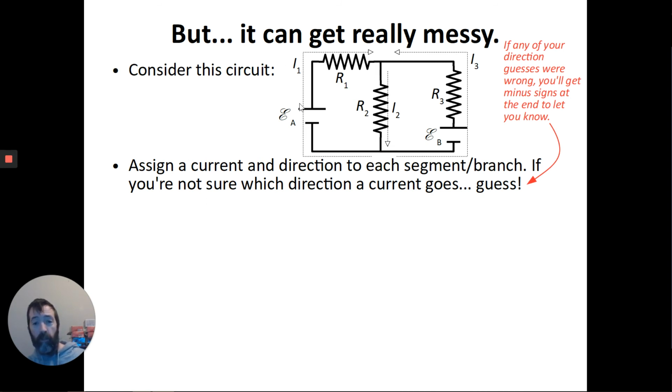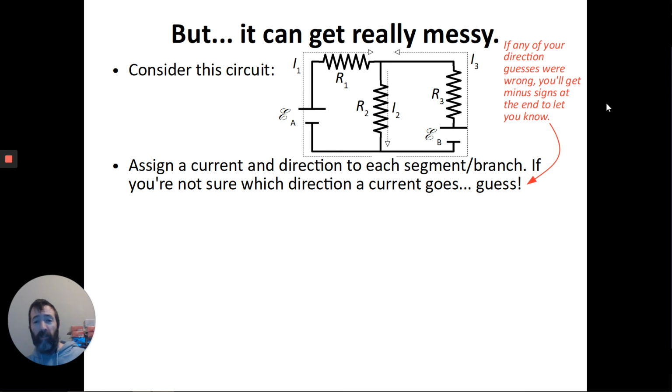So there's three edges in this diagram, or three branches, whatever you want to call it. So you have to give each one of them its own current. And I've just named them I1, I2, I3. I matched the subscripts. So resistor 1 is where current 1 flows. Resistor 2 is where current 2 flows, and so on.